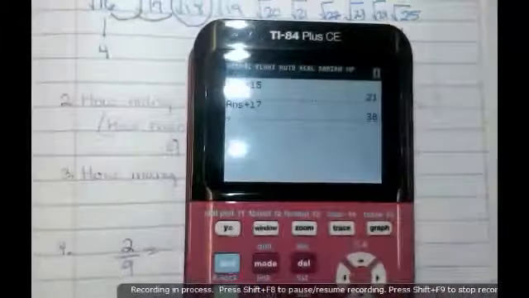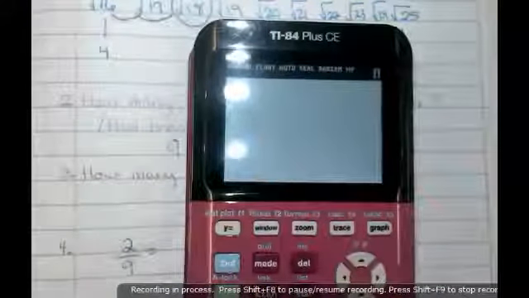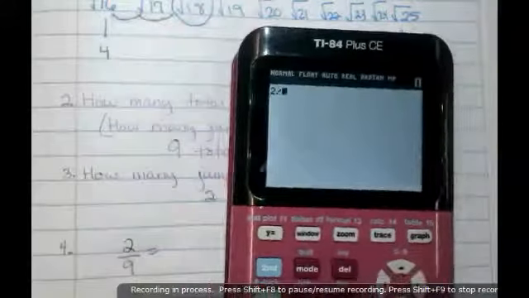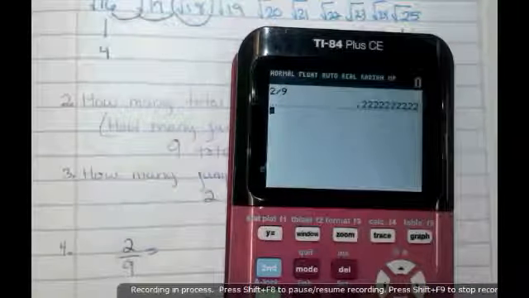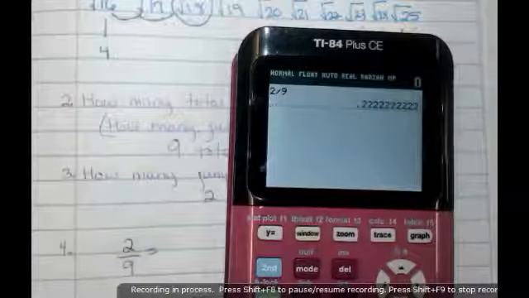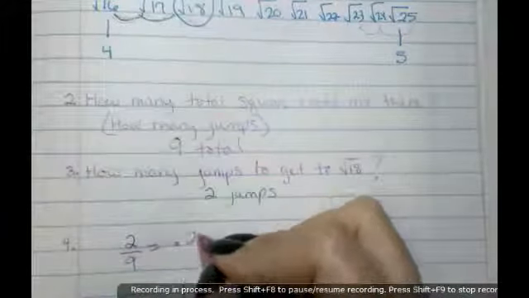So I'm going to take out my calculator and do 2 divided by 9. And you can see that that decimal is 0.222222, or 0.2 repeated. So I'm going to write that down. 0.2 repeated.